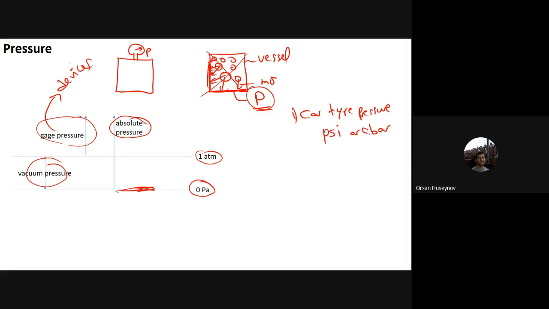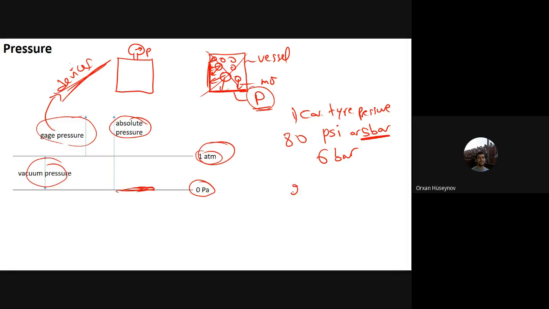Say that this is 5 bar, or say 70 or 80 PSI. With this amount of pressure inside your car tire, it doesn't mean that there are 5 bars of absolute pressure. There are 6 bars of absolute pressure, because devices measure gauge pressure.